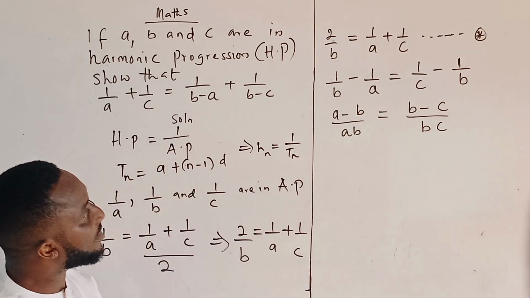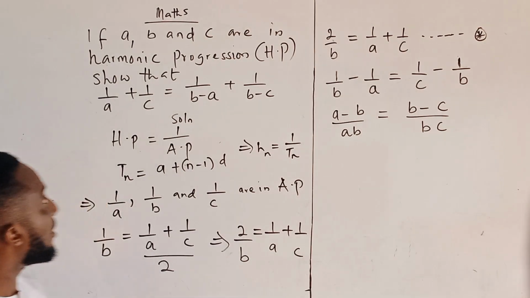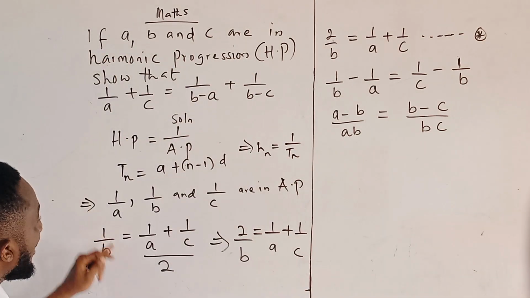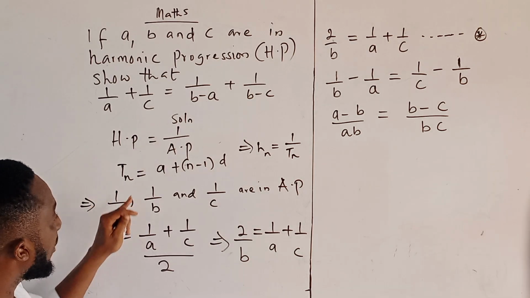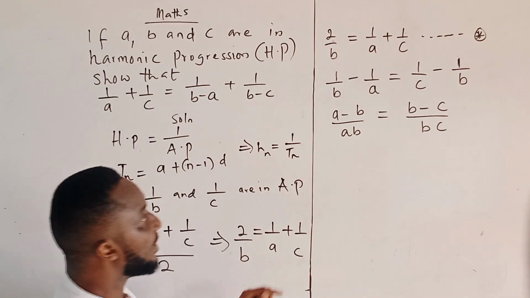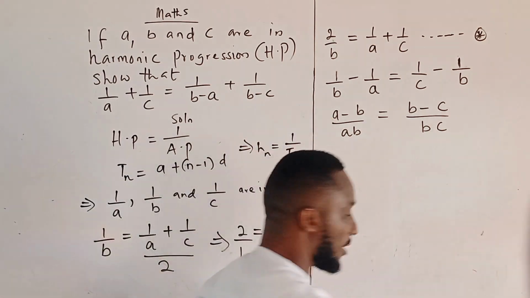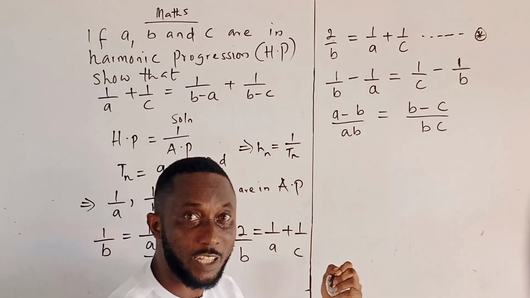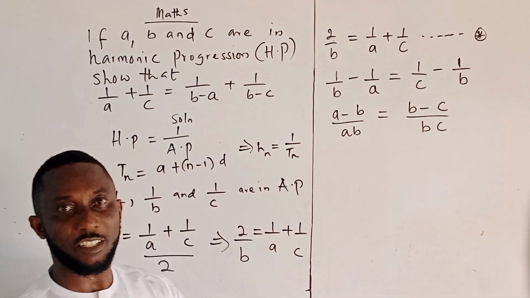We are just being rational and logical. A, B, and C are in HP, therefore 1/A, 1/B, and 1/C are in AP. The AP gave us this expression here. If we take the inverse on both sides, we then have HP.